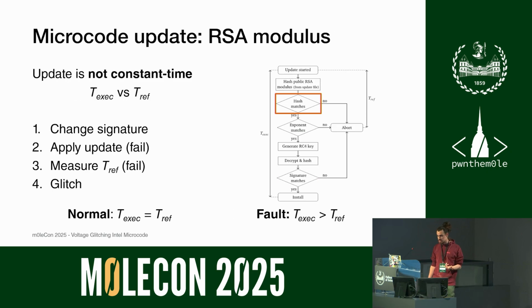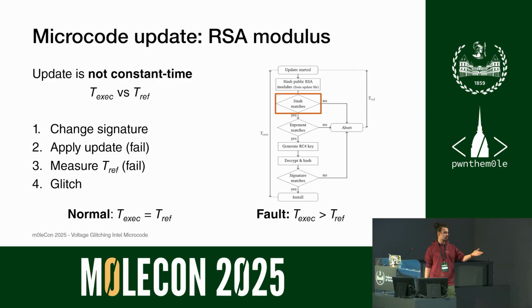So how I did that was essentially measuring the execution time, because the update is not constant time. If it aborts here or it aborts here, there is a clear difference in the amount of time it took to execute the update. So you have a reference time that you get just by having an update fail. I just modified the signature, and the update would fail after a certain reference time, tref.